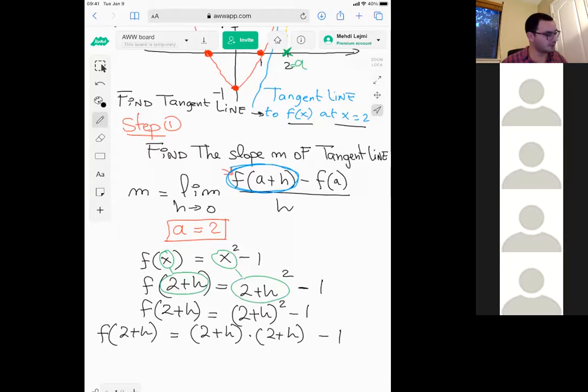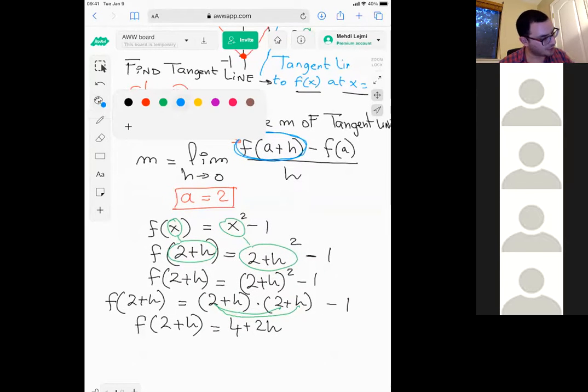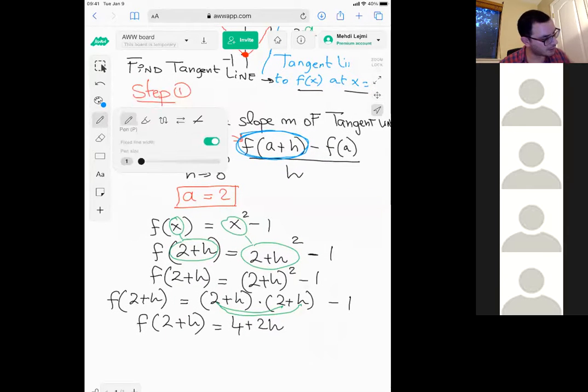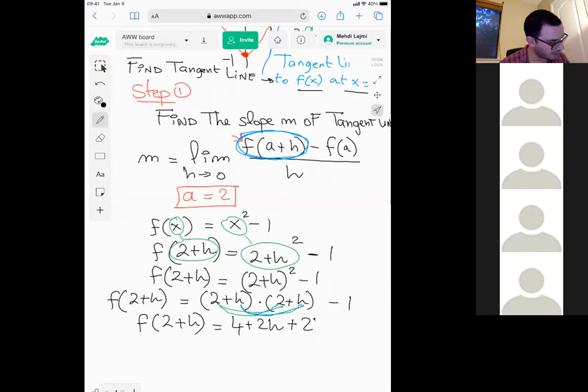So let's distribute and then simplify. 2 times 2 is 4. This 2 times this h is plus 2h. Then h times 2 is another 2h, plus h times h, that's h squared, and then minus 1, of course. All right, so that's my f of 2 plus h.